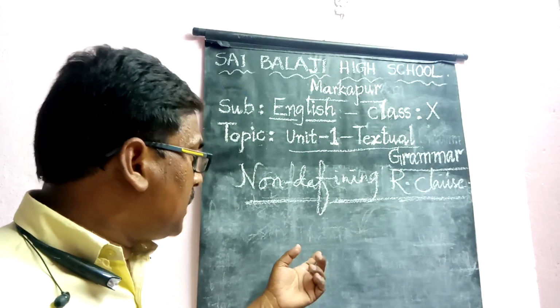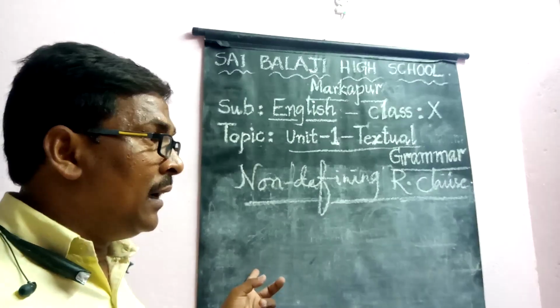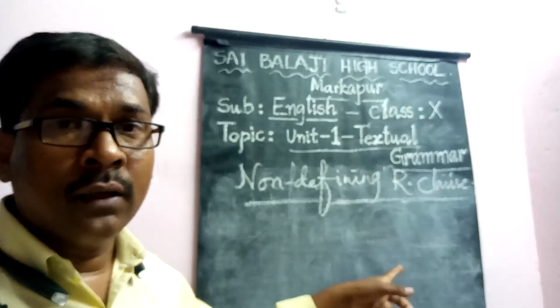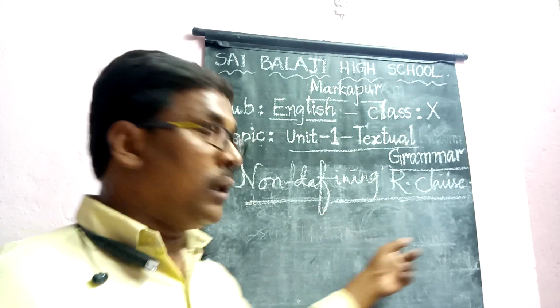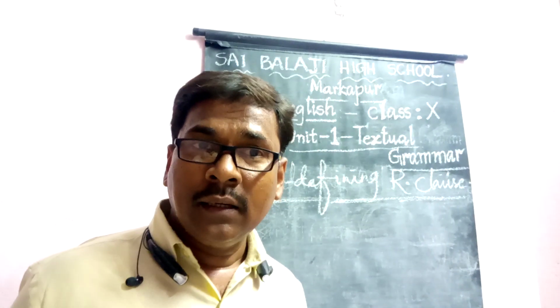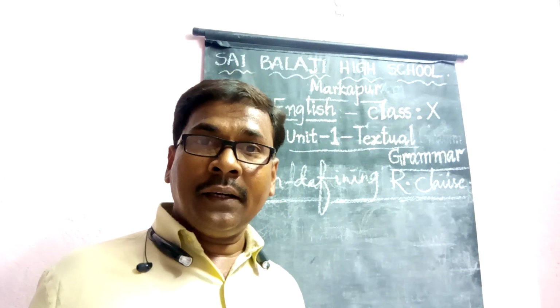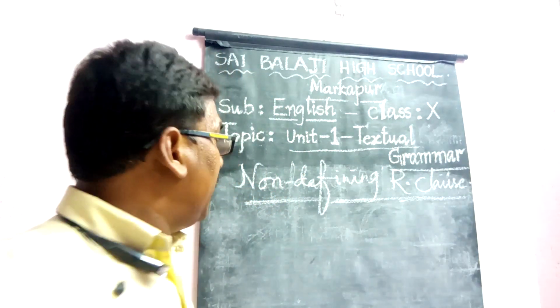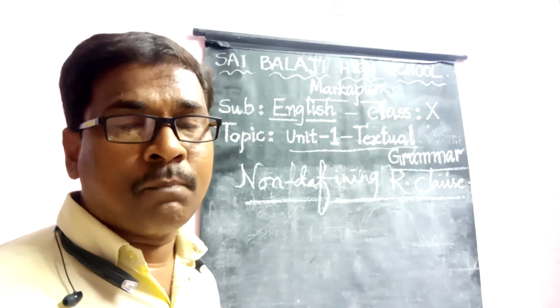So that is the easiest way to find whether it is defining or non-defining. How can we find if this is non-defining? You just remove the relative clause part and read the rest of the sentence. If you get clarity, then you can simply say it is a non-defining relative clause part.